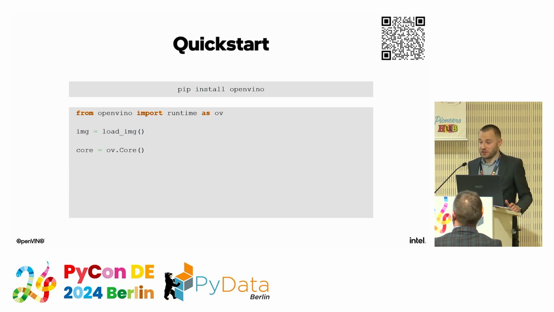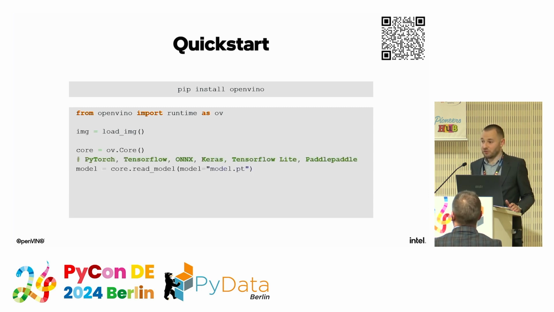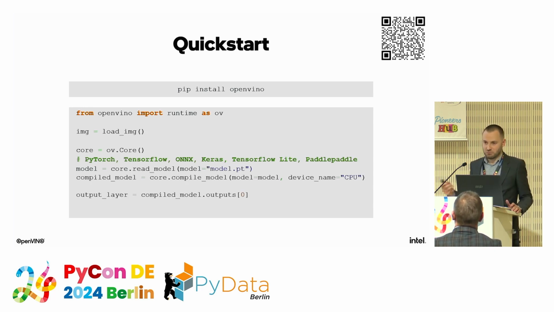Initialize OpenVINO by creating a core object, and read the model from disk. It can be an OpenVINO format model, but it can also be PyTorch, TensorFlow, ONNX, and so on. Then we compile the model for a specific device. In this case, we will use CPU. Then we get the output layer handle, run the inference, and get the result.